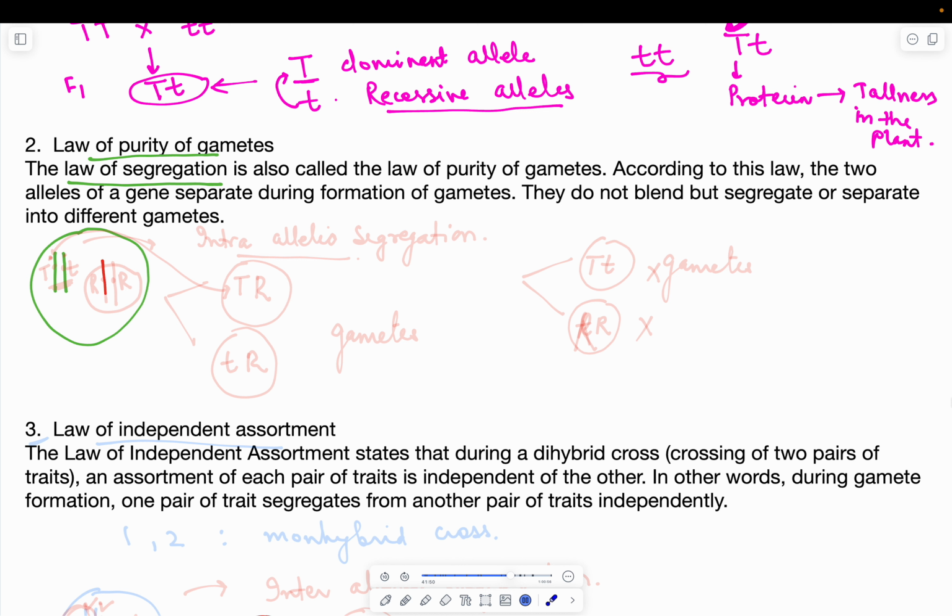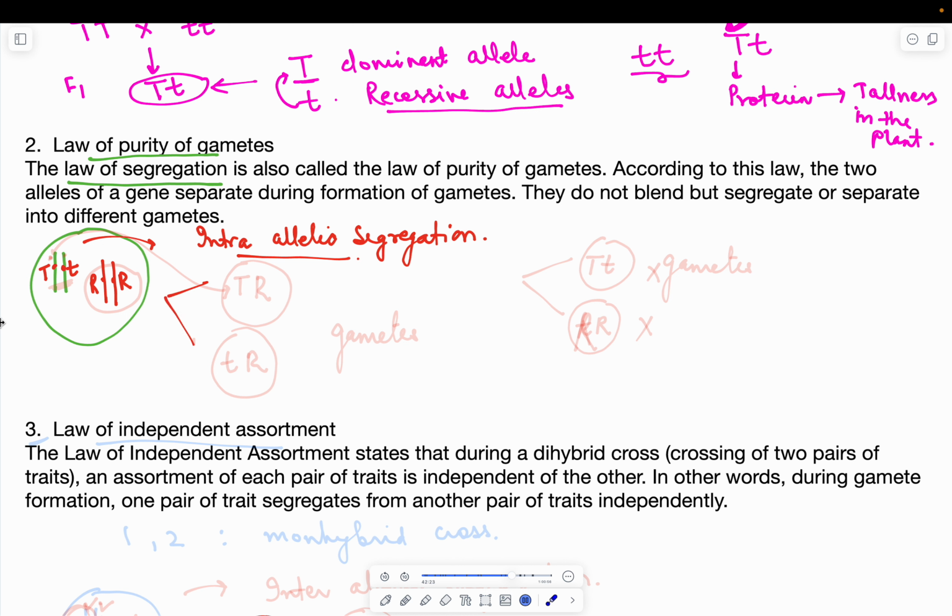The alleles present over here are on a different pair of chromosomes. Now you just focus on this pair of alleles. Basically you are studying intra-allelic segregation, and you have to focus on this.